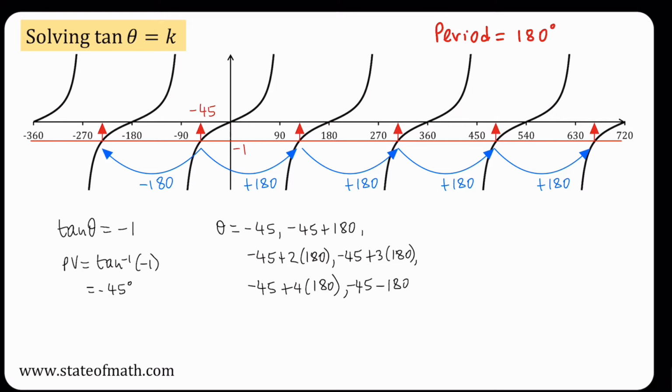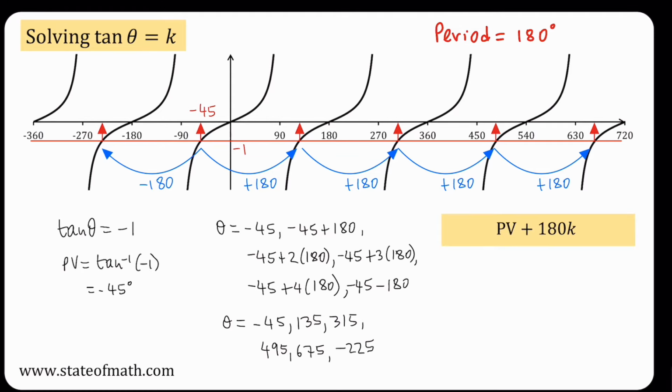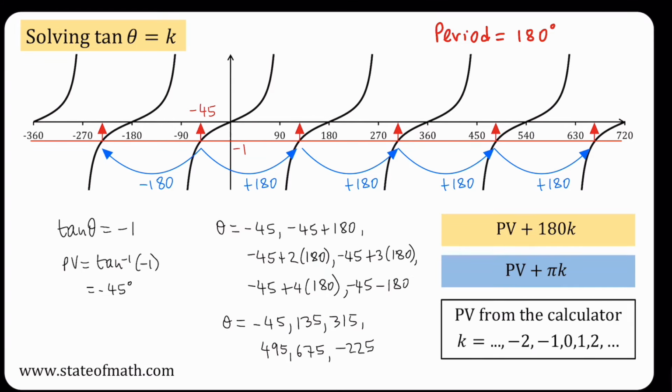So this gives me a total of 6 solutions. It's minus 45, it's 135, it's 315, 495, 675, and minus 225. So the formula for tan is simply PV plus 180k if I'm in degree mode, and PV plus pi k if I'm in radian mode.